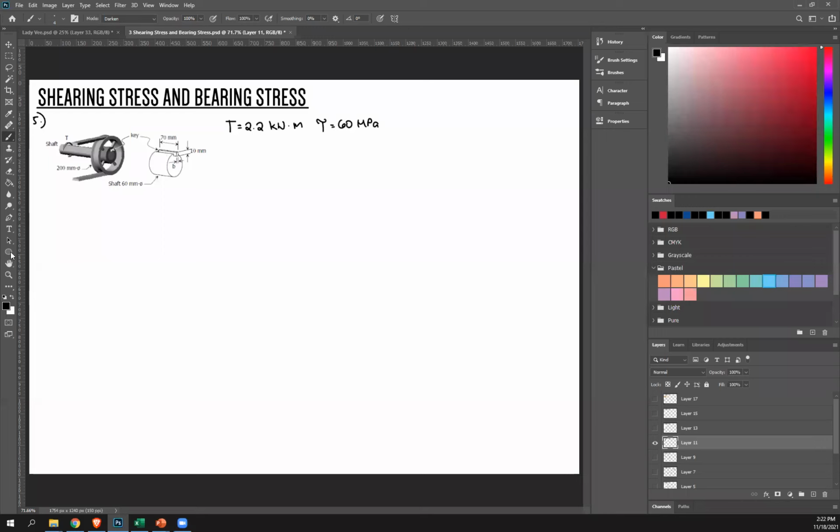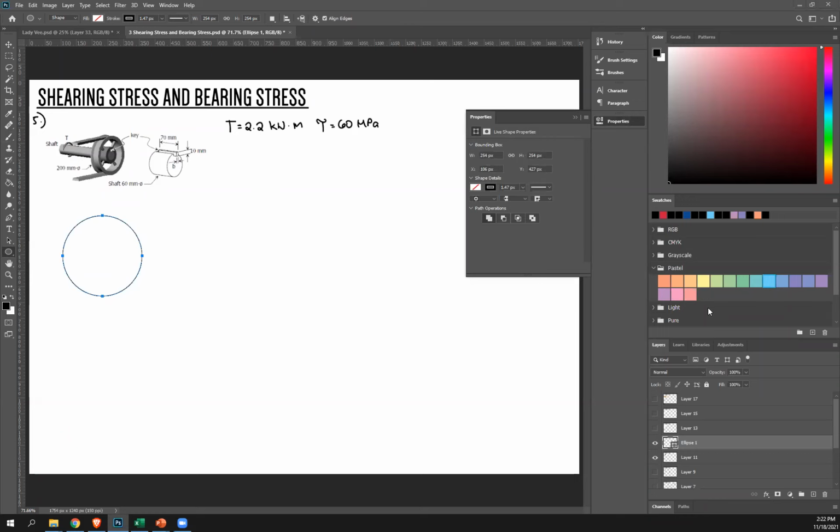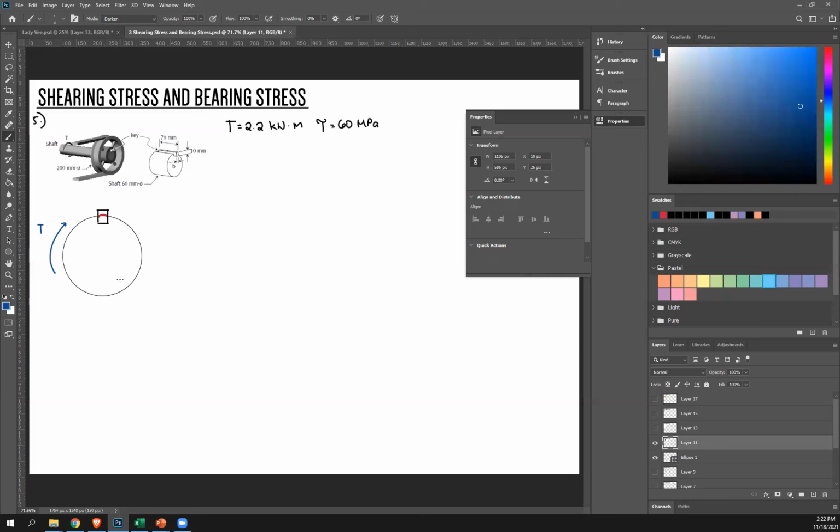So to figure out what that force is, let me just draw a 2D representation of our shaft and the key. That's your shaft. This is the key. And then once again, the shear stress is along the surface of your shaft here. That is where shearing happens. And it's due to this applied torque T. Now remember, torque is force times distance, distance to wherever your object is rotating on.